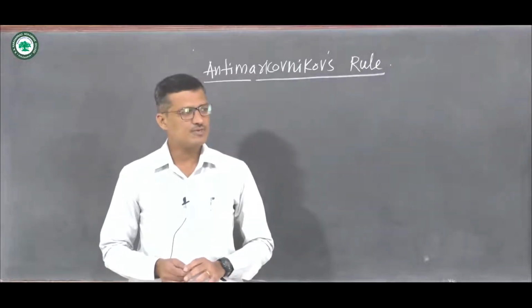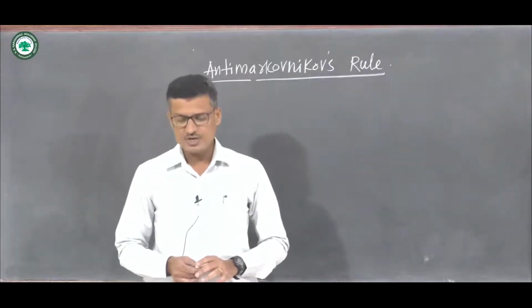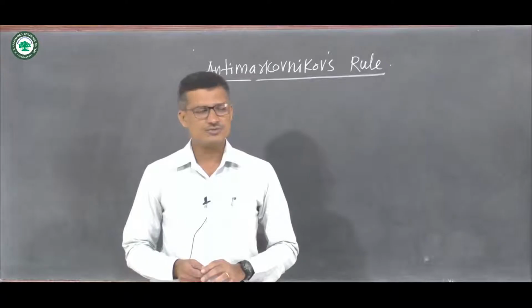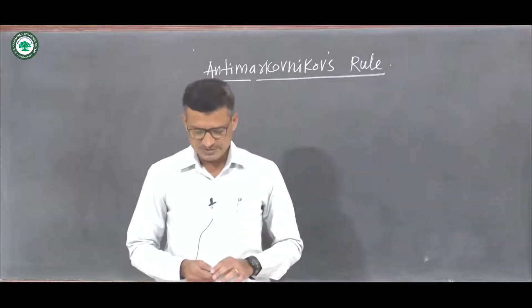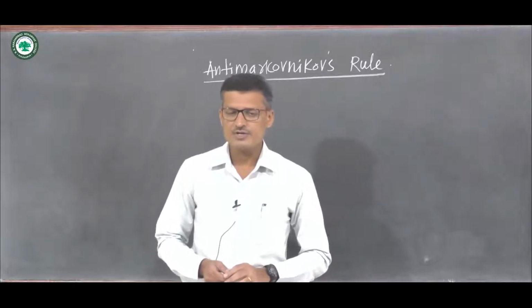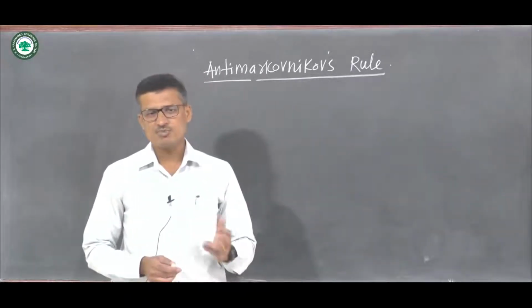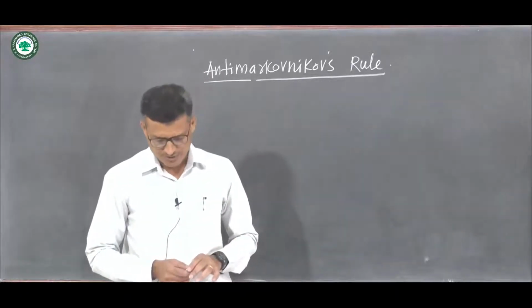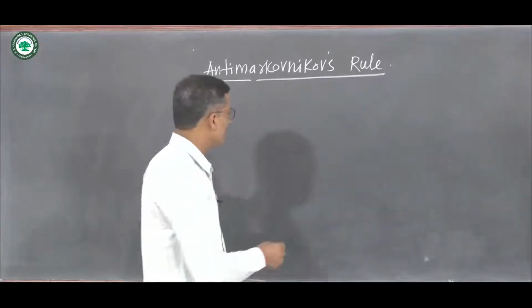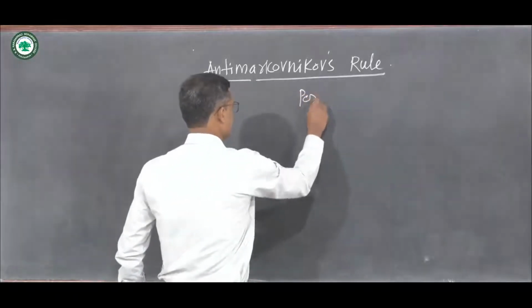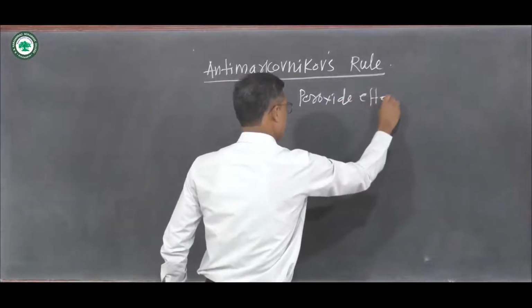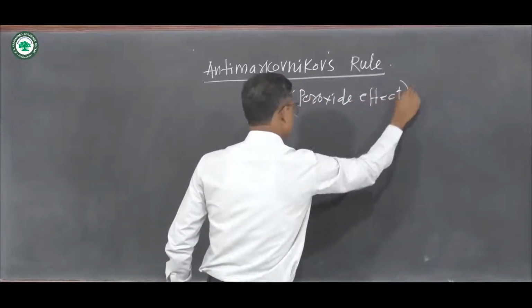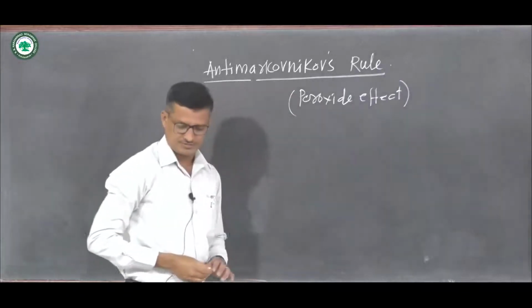In Antimarkovnikov addition, the negative part of the reagent is attached to the carbon which carries the more number of hydrogen. So the product is opposite to the Markovnikov addition, and sometimes we call this the peroxide effect.